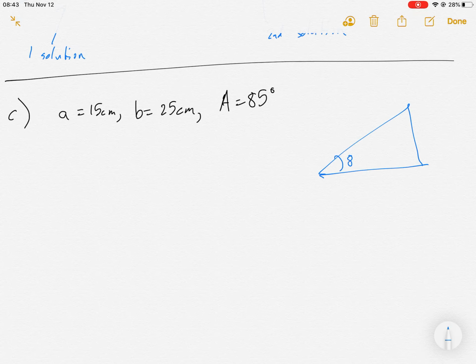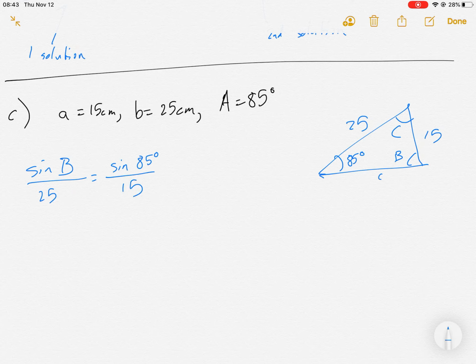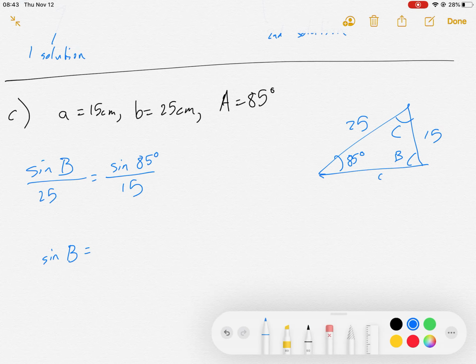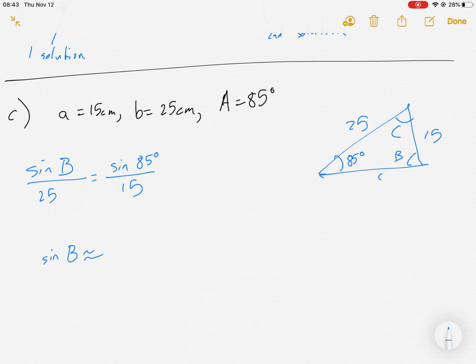So even though we know that this will be no solution, let's just go ahead and draw a triangle. So we're going to solve for angle B to start off with. So that means that sine of B over 25 has to equal sine of 85 degrees over 15. If you do this, you end up with sine B approximately equal to 1.66.